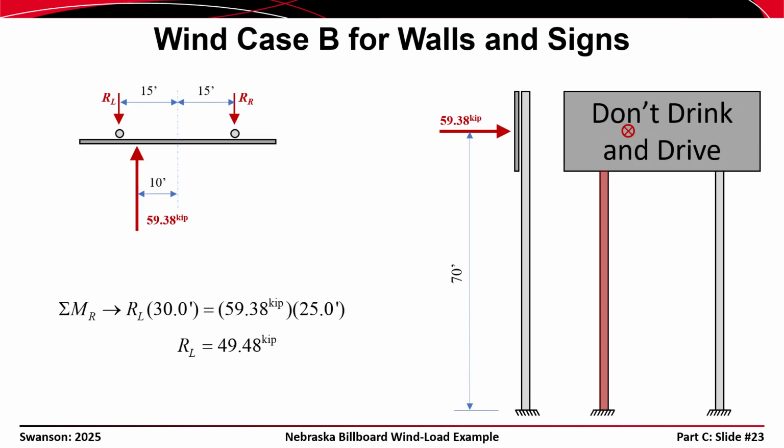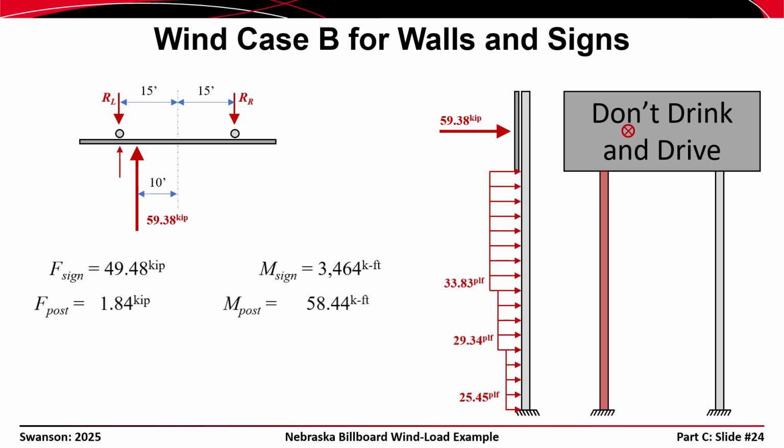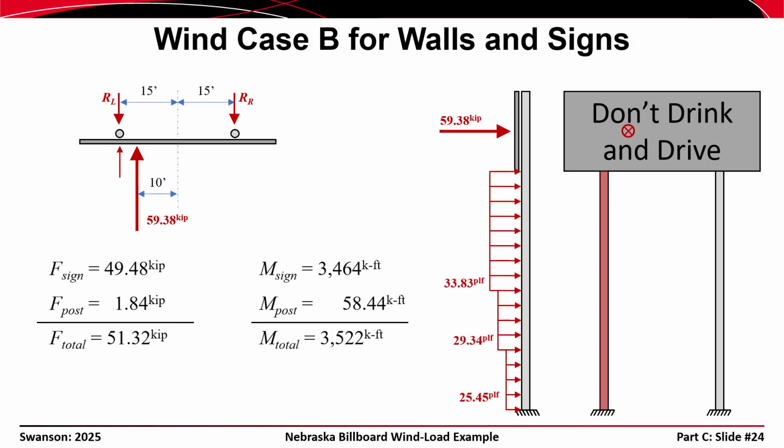Recall from part 2 of this example that wind case B governed and resulted in a load in the critical post of 49.48 kips and a moment at the base of the post that is equal to 3,464 kip feet. If we consider both the effects of the wind acting on the sign and the effects of the wind acting on the post, we end up with a total force in the critical post of 51.32 kips and a total moment at the base of the critical post of 3,522 kip feet.